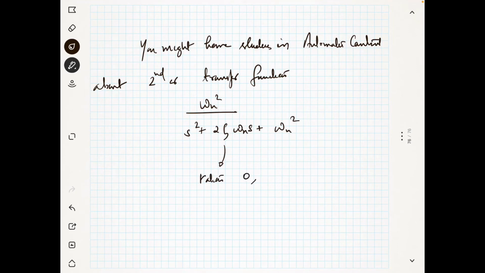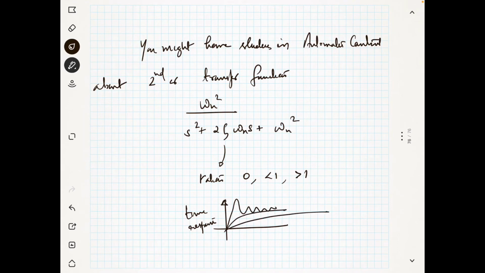It can be 0, less than 1 or greater than 1, and according to that your time response will change like this. If you have oscillatory behavior, you can have something like this.